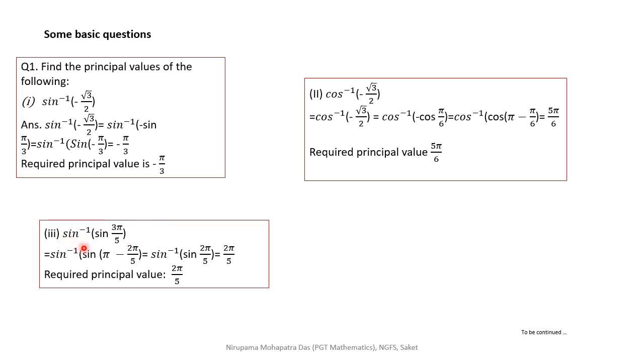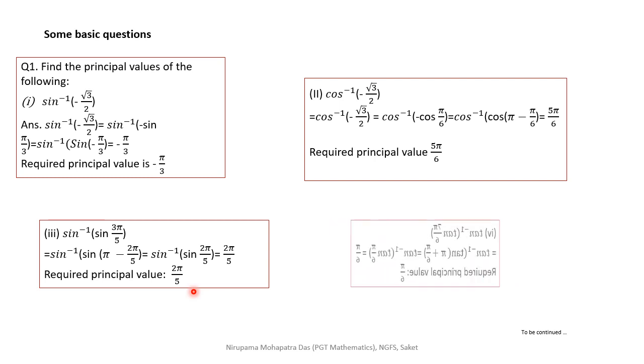So what we have done here: sin theta is sin of pi minus theta. So 3 pi by 5 can be written as pi minus 2 pi by 5. Okay, so sine inverse sine of 2 pi by 5 is within minus pi by 2, pi by 2, so it can be accepted. So the principal value is 2 pi by 5.